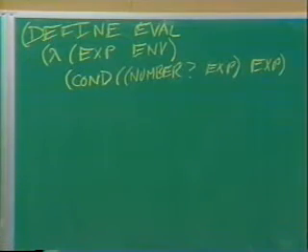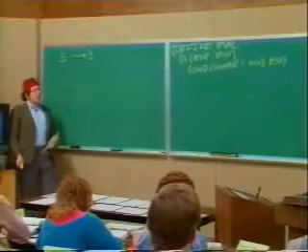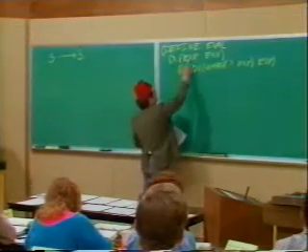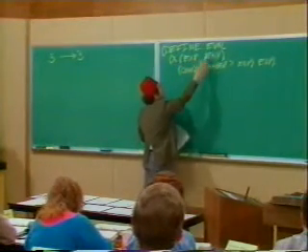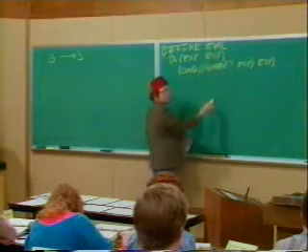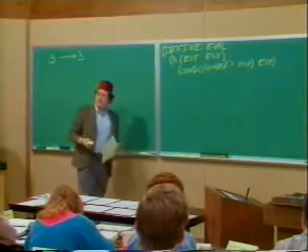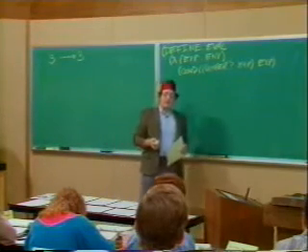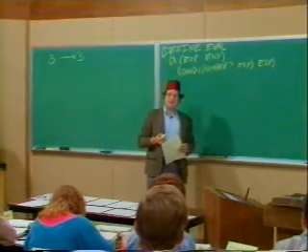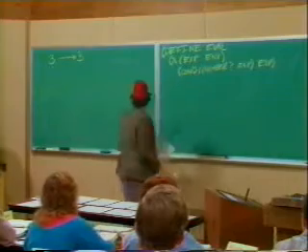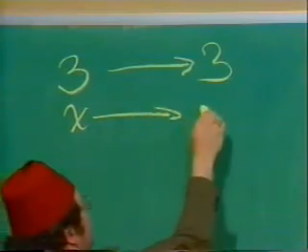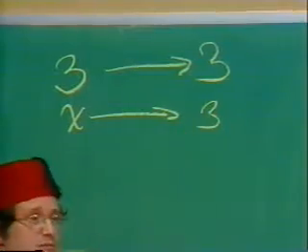Okay? Now the next possibility is things that we represent as symbols. Examples of symbols are things like exp, env, eval, number, x. What do I mean them to be? Those are things that stand for other things. Those are the variables of our language. So I want to be able to say, for example, that x transforms to its value, which might be 3.